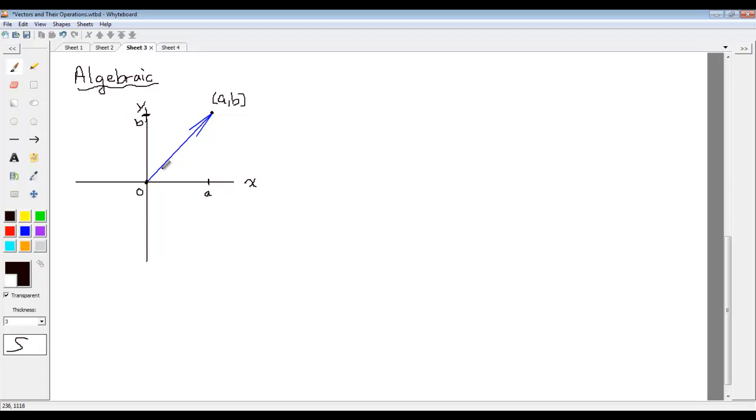Now the angle that the vector makes with the positive x-axis is theta. And we call this vector a position vector. So let's call this vector u. Vector u is a position vector.